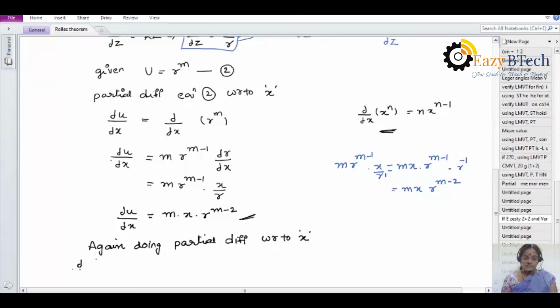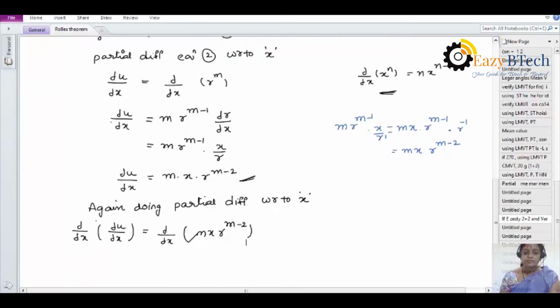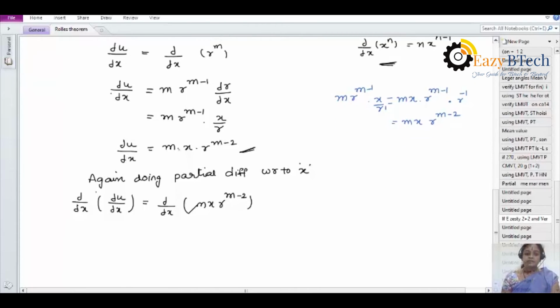See, I am writing here dou by dou x of dou u by dou x is equal to dou by dou x of m x r power m minus 2. Observe the RHS term, students. So what is the RHS term here? m x r power m minus 2.